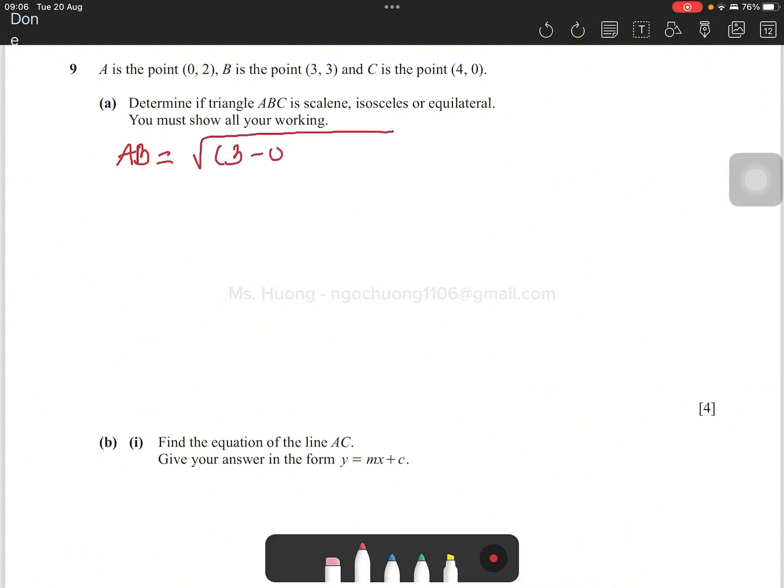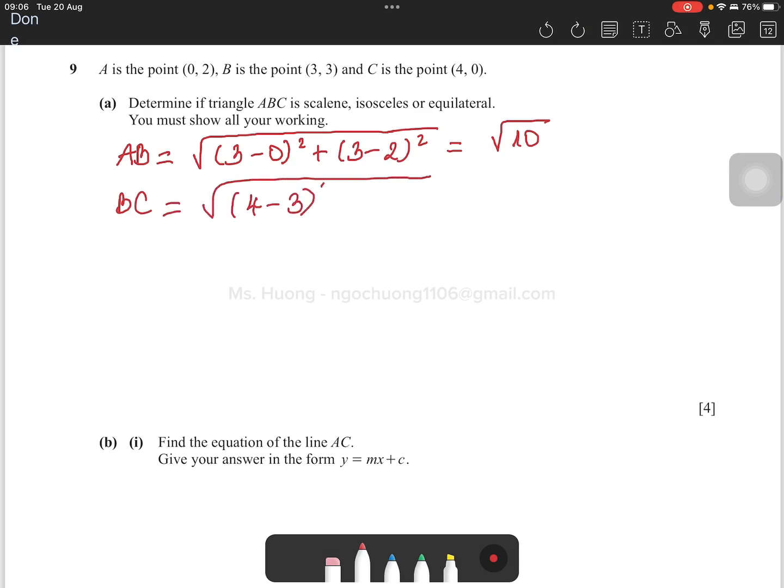the square root of XB minus XA squared plus YB minus YA squared. So this one is equal to the square root of 10. BC is equal to the square root of XC minus XB squared plus YC minus YB squared. So BC is equal to the square root of 10.